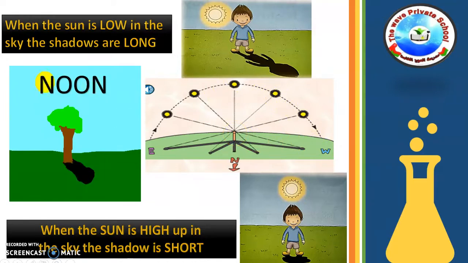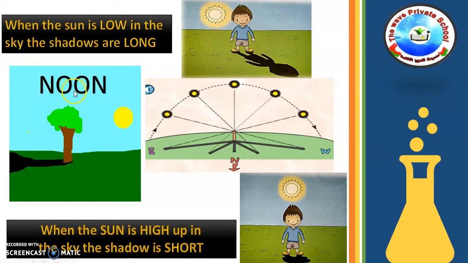So when the sun is low, low here and low here, you will see that the shadow it makes is long. See, long shadows here. When the sun is low in the sky, the shadows are long.